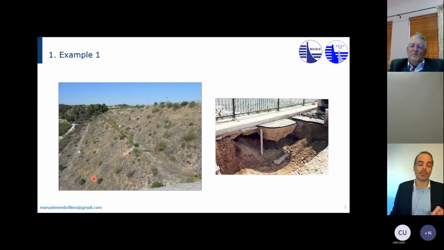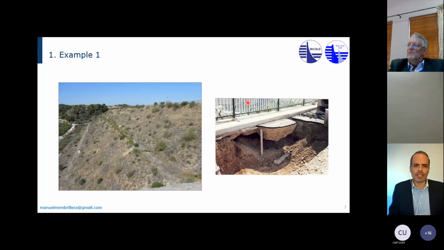So the engineer in charge of the construction for the ministry, who passed away a few years ago now, noticed during the construction that the filter was not a proper filter. It did not comply with the empirical relationships between the material the filter is protecting, which is the silty core, and the filter itself.